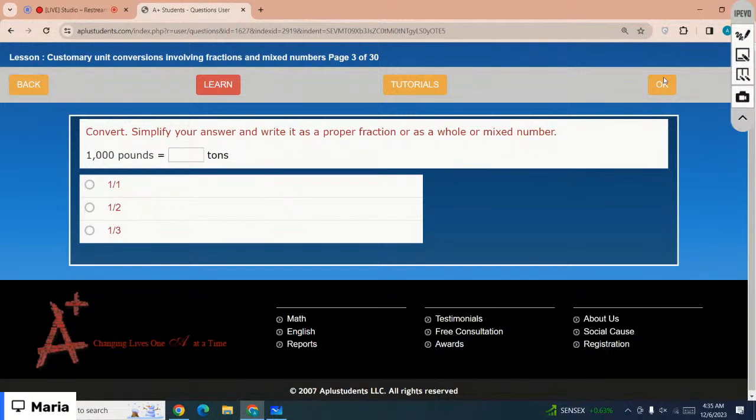You have to convert 1000 pounds to tons, right? So we know that in 1 ton you have 2000 pounds, right? So then 1000 pounds means you have half of the ton. The correct option is 1 over 2, that is half of a ton.